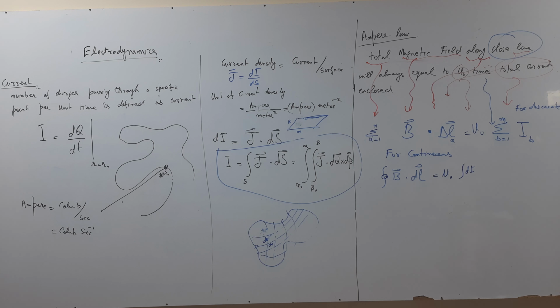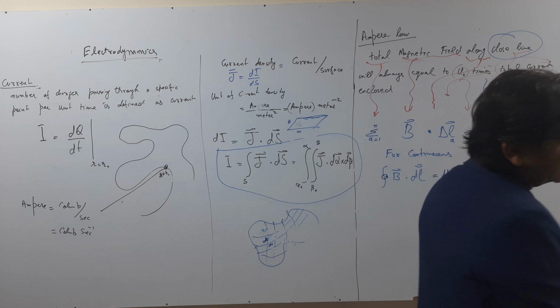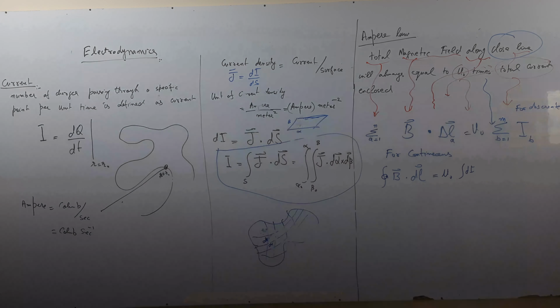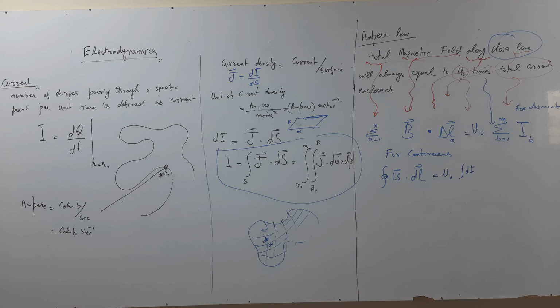If you move from A to B, B to C, C to D, and D to A, in every case you will come back to the initial point. So this closed circle means the closed line, nothing else. When we take the examples, I will clarify in different examples, like examples of the toroid, solenoid, wire, etc.